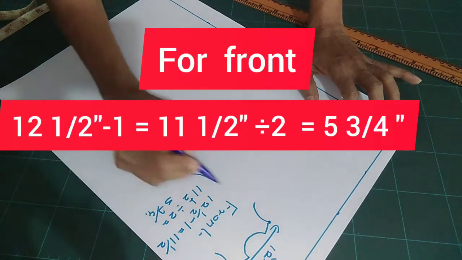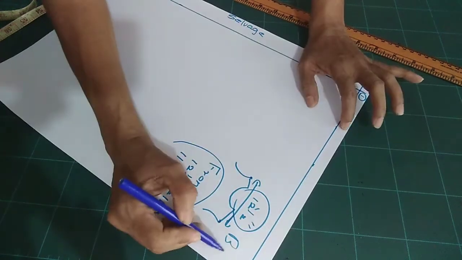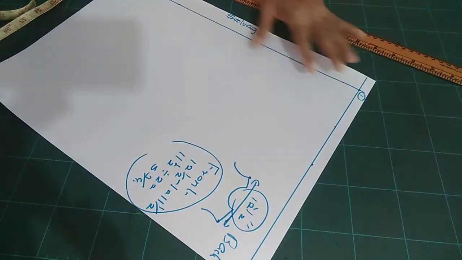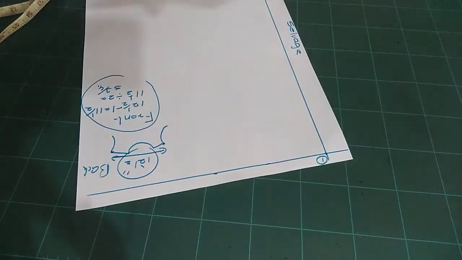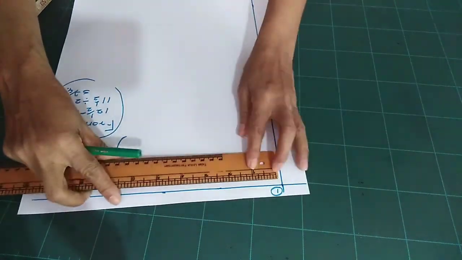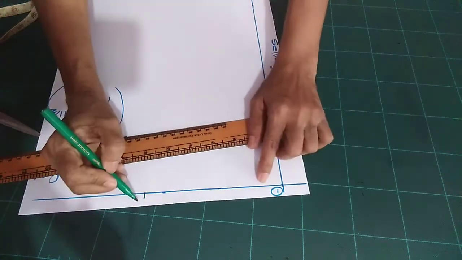Okay, for front. This one is back. I measure 5 3/4. I mark number 2.